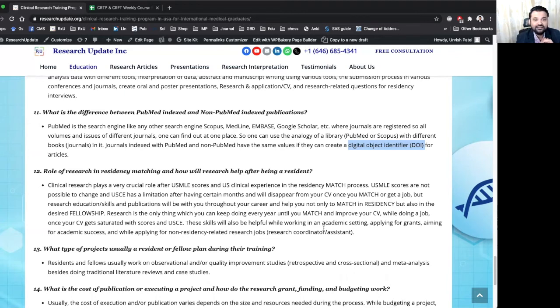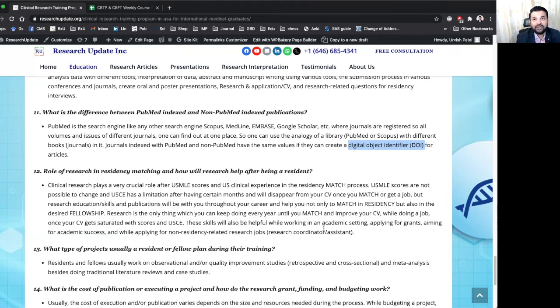If you are in a community program, then that research is mainly based on data collection from EPIC, observational studies, and meta-analysis. We have many attendings from community programs who are doing research for their academic achievements. So if you are part of a community program, research is still important.